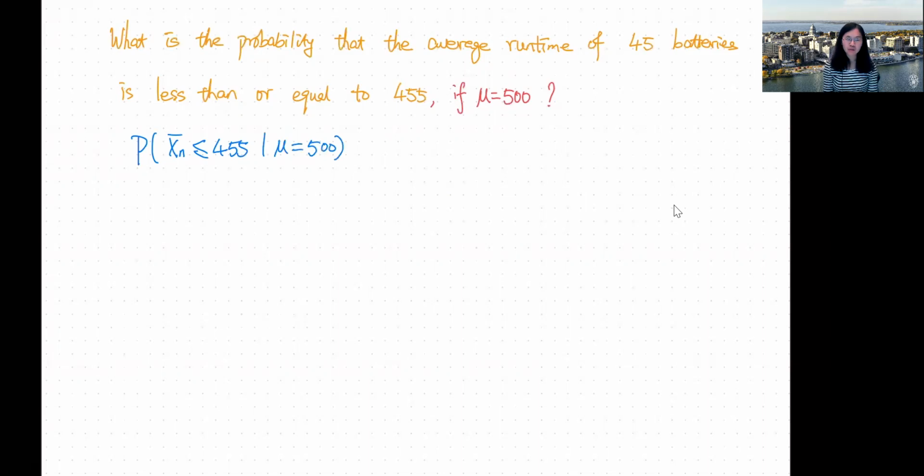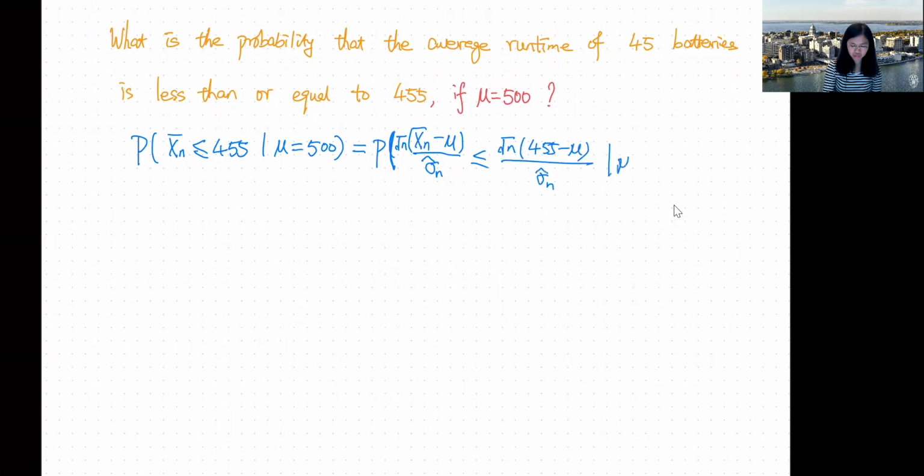Given that mu equals 500, this probability can be written as the probability that X n bar minus mu divided by the standard deviation times square root n is less than or equal to square root n times 455 minus mu divided by the standard deviation, given mu equals 500.